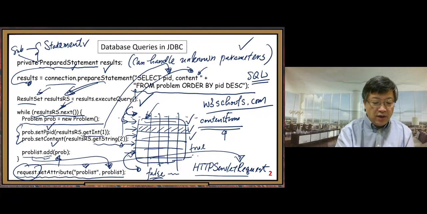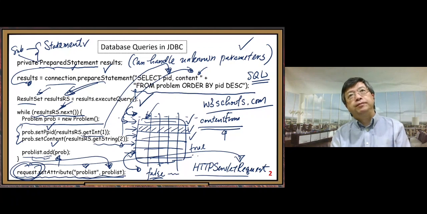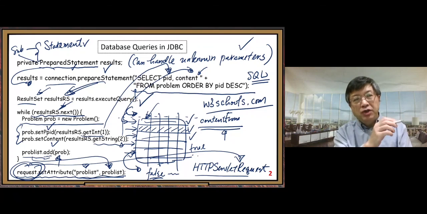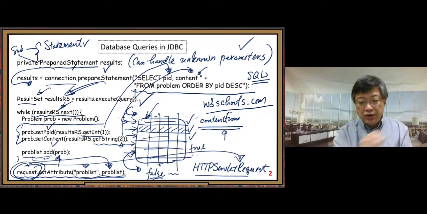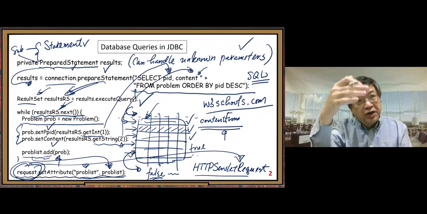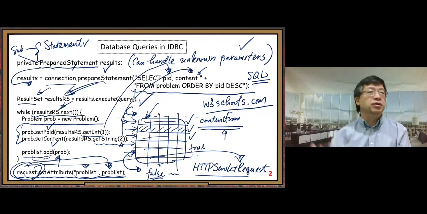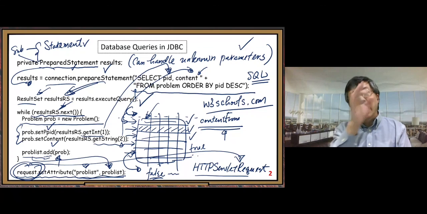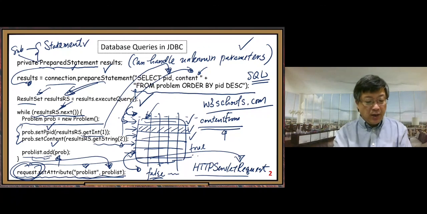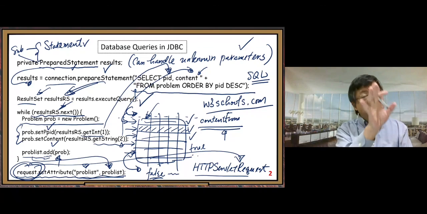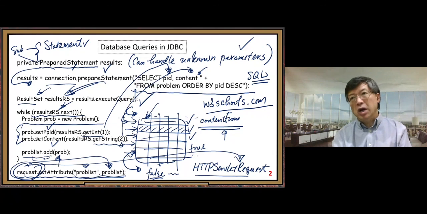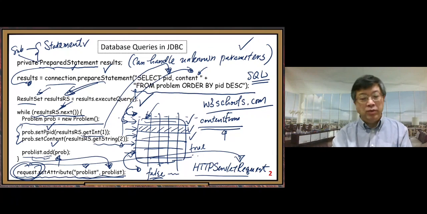With setAttribute, you store your data in the request scope. If you want to store your data in the session scope, you need to create a session object, then call session.setAttribute. If we have a chance to use session, then I will explain that part. Right now, we just use the request object in the request scope.